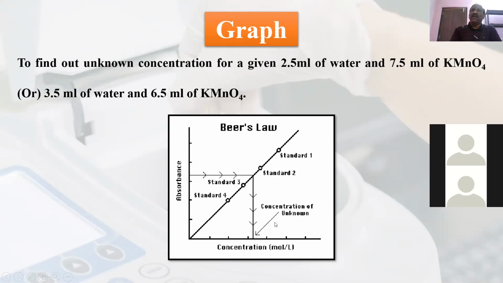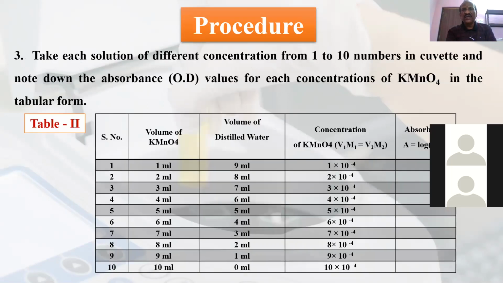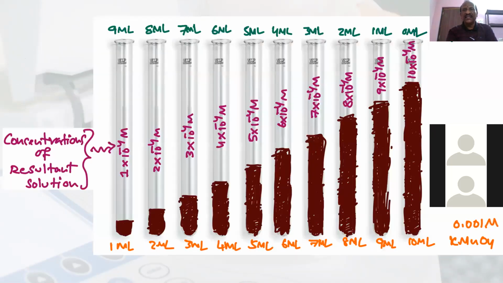This is very, very important. First we will prepare 10 different concentration solutions. How to prepare, I already told. 1 ml of KMnO4 and 9 ml, 2 ml and 8 ml, 3 ml and 7 ml. Like this, we prepare the different concentration solutions.